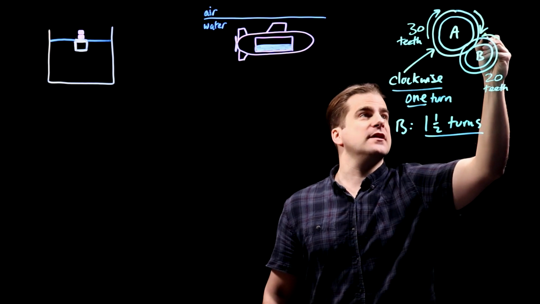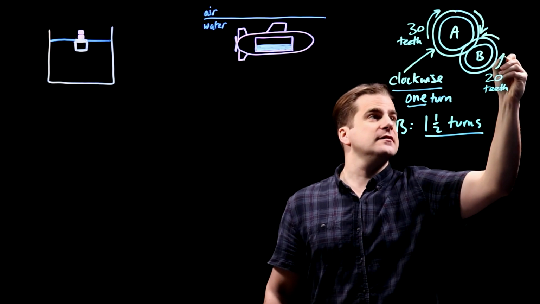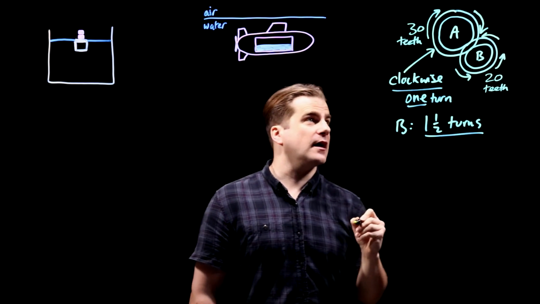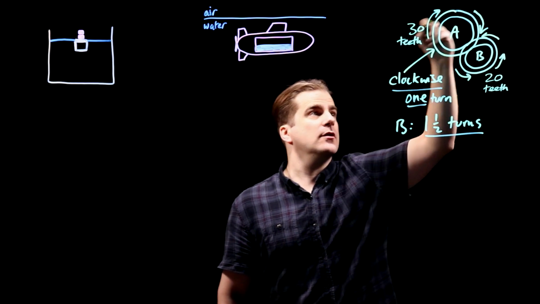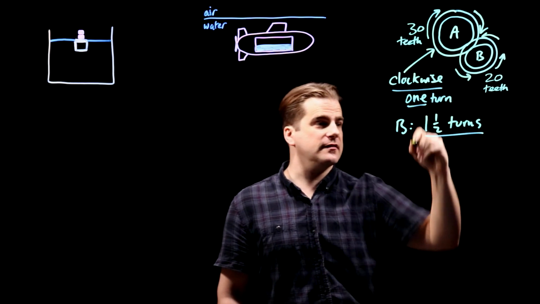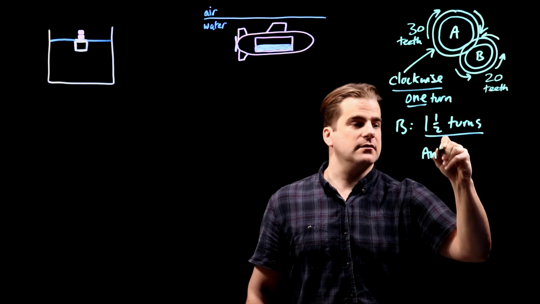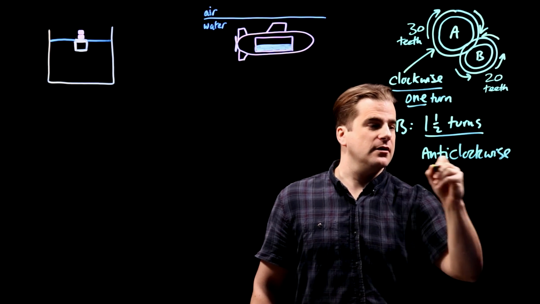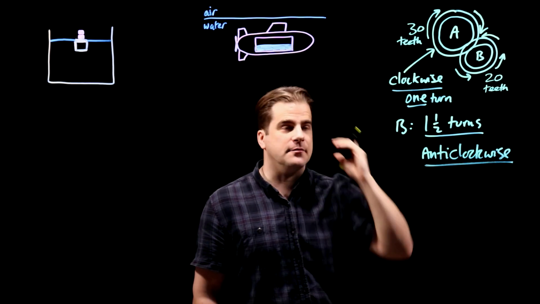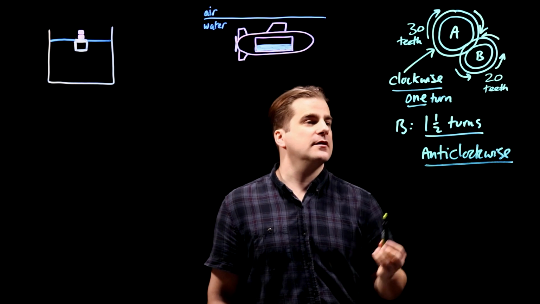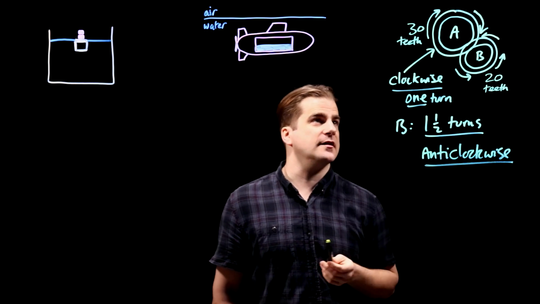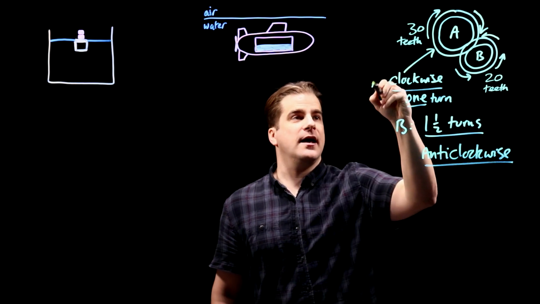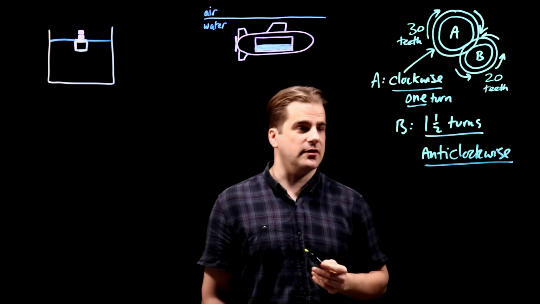So B is going to be pushed in that direction, which is anti-clockwise. So if one gear turns clockwise, the other turns anti-clockwise. Easy. So B turns 1.5 turns anti-clockwise when A goes clockwise for 1 turn.